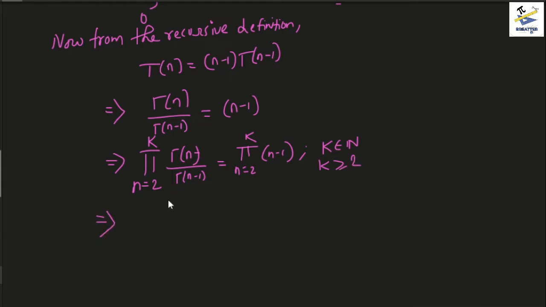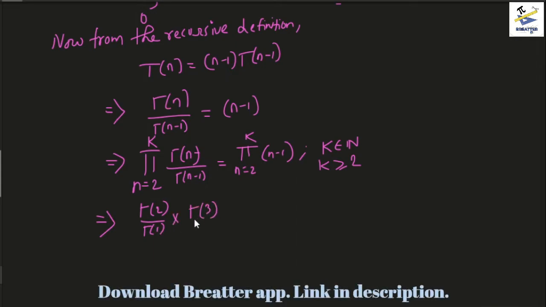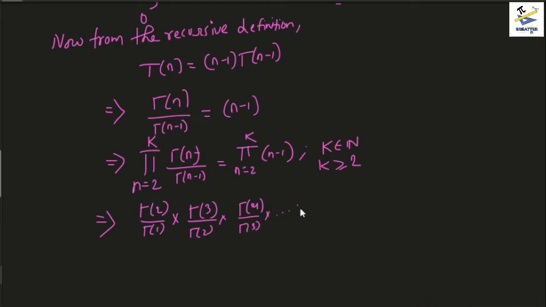What would you get on the left hand side? So starting from 2, let us do this. Gamma 2 by gamma 1 would be the first term. Next term would be gamma 3 by gamma 2. The next term would be gamma 4 by gamma 3, like that, and the last term would be gamma k by gamma k minus 1.